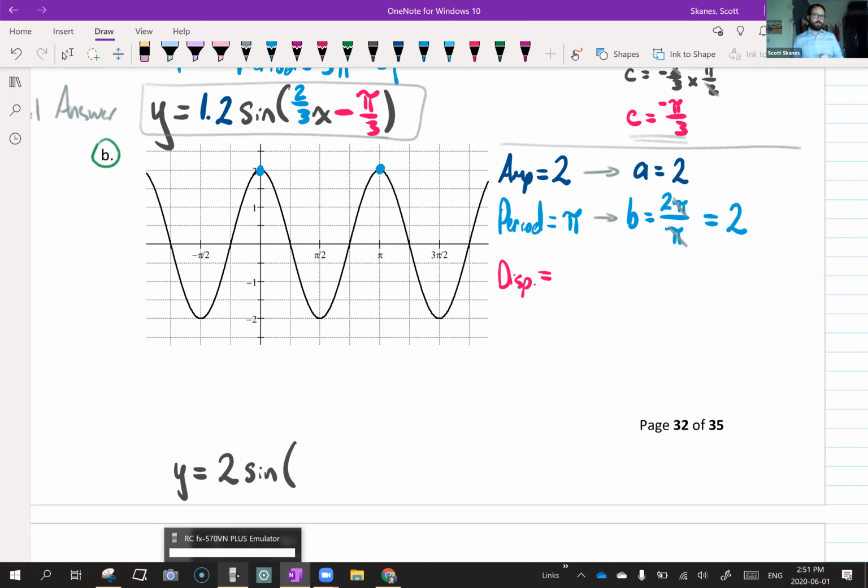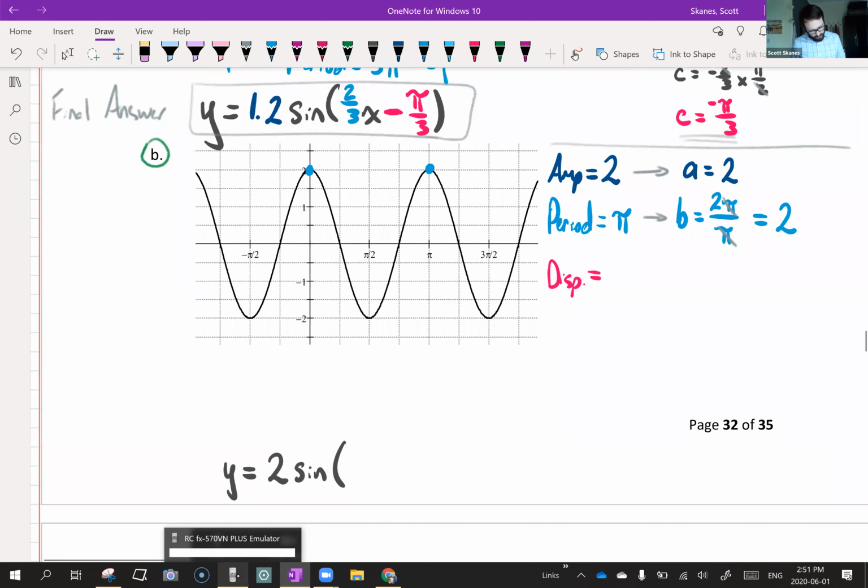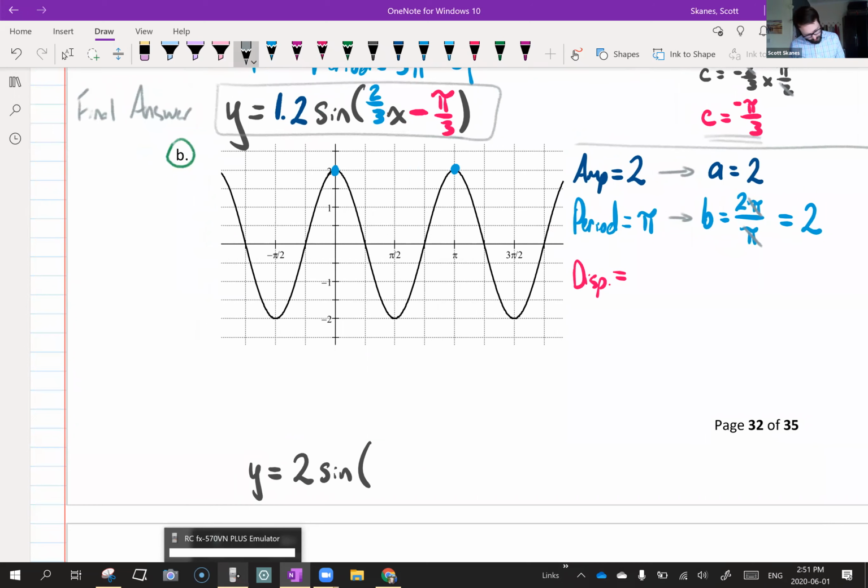If you're saying C, I think it's positive pi over 2. But let's take a look and see what our displacement is. I'll draw the same picture. This is a sine curve. So sines normally look like this, which means that our y-intercept is usually there. The problem is, in our question here, that point is over here. So it's moved to the left. By how much?